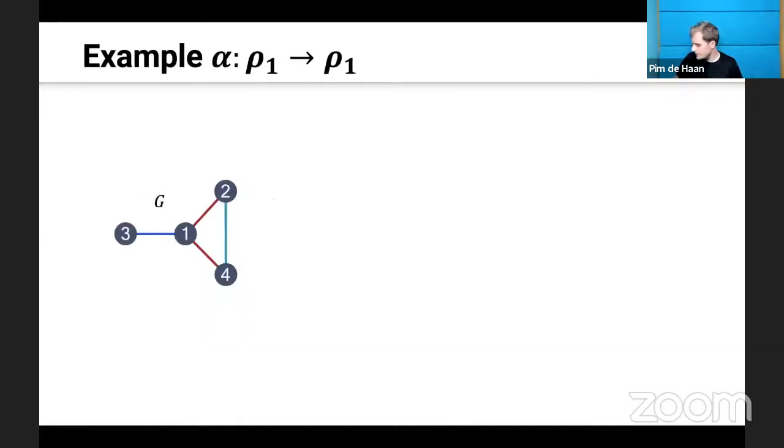To give you an example, let's have a natural transformation from the vector representation to the vector representation.